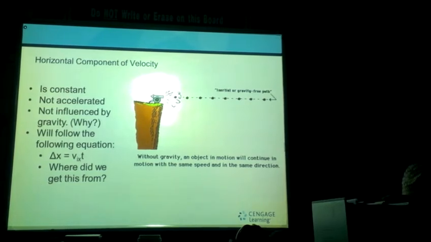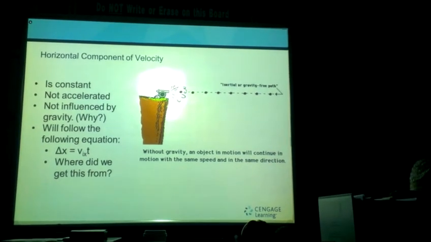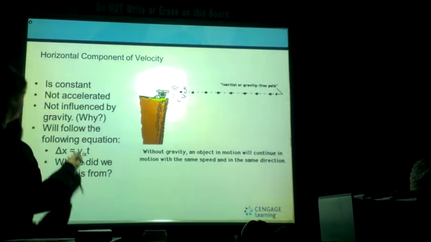We're also going to follow the equation for the horizontal component of velocity, as delta x is equal to v_ix, the initial x component velocity, times time. But where did I get this from? You have a kinematic equation. I think it's the last one. I feel like it was number 4.